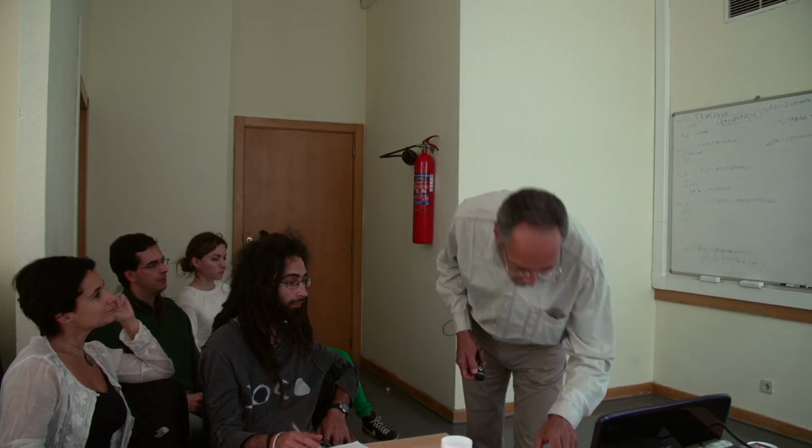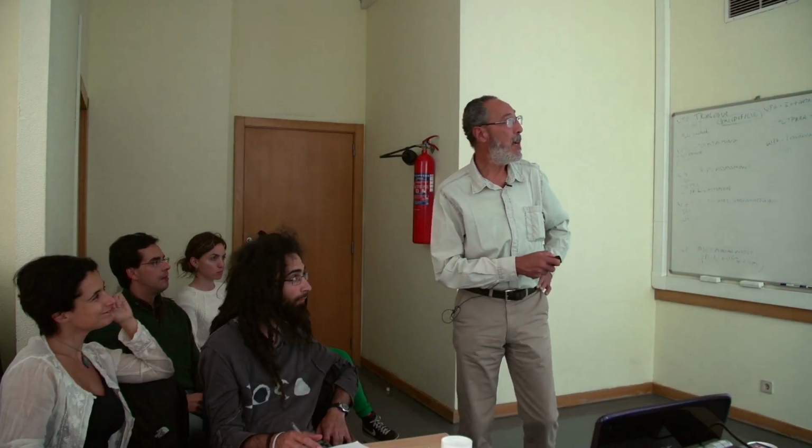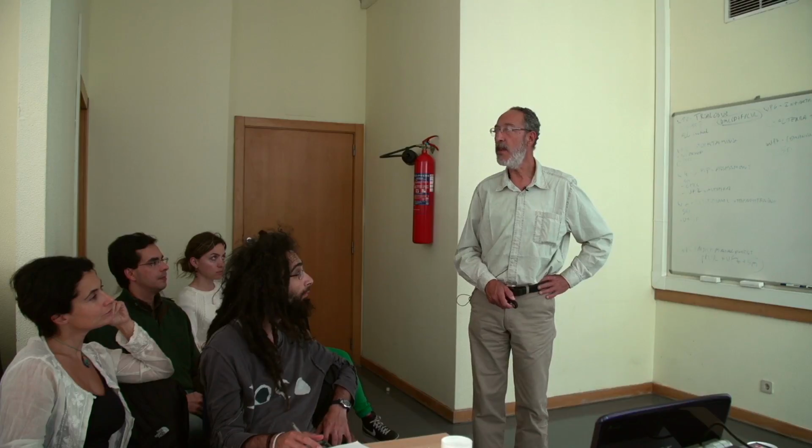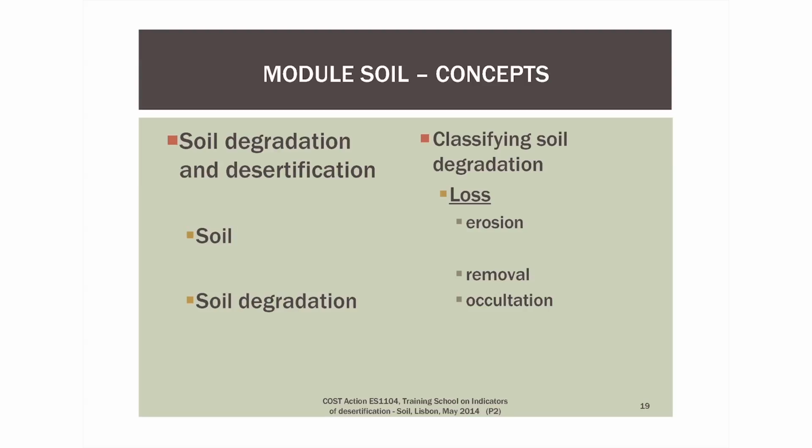But we create a third category in soil degradation, which I would call, shortly, loss. When we have the previous two, we have a disturbance. So we talk about a physical or a chemical disturbance. But when we have a loss, meaning something that is no more there after degradation occurs, we are talking mainly about erosion.